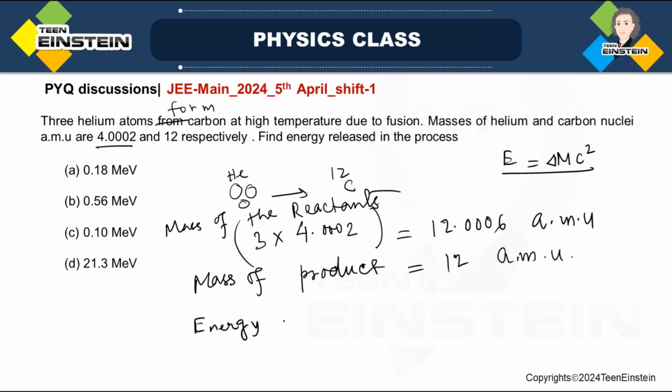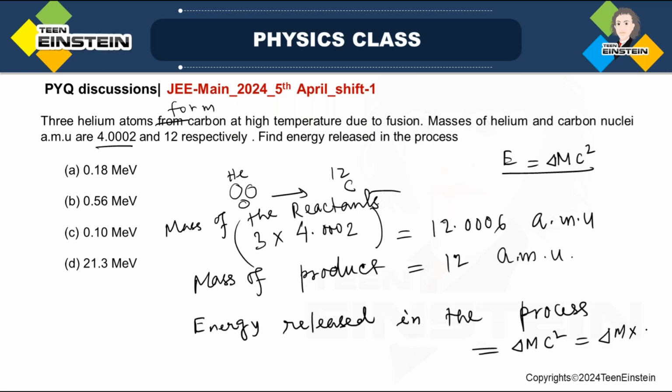Energy released in the process is delta m, the mass defect, into c square. What is the mass defect? Since it is given in terms of mu, I can find delta m and multiply by 930 or 931, whatever.